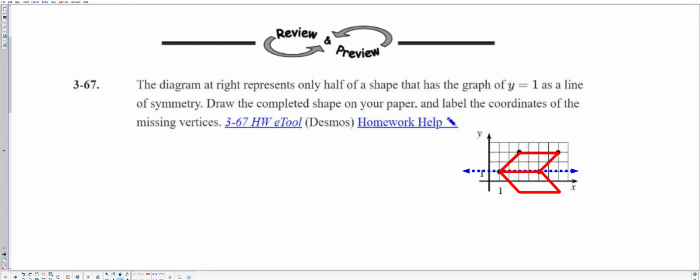Right. And the coordinates are, let's see. This coordinate right here is 1, 2, 3 and 1, 2, 3. So the x is 3, the y is 3.